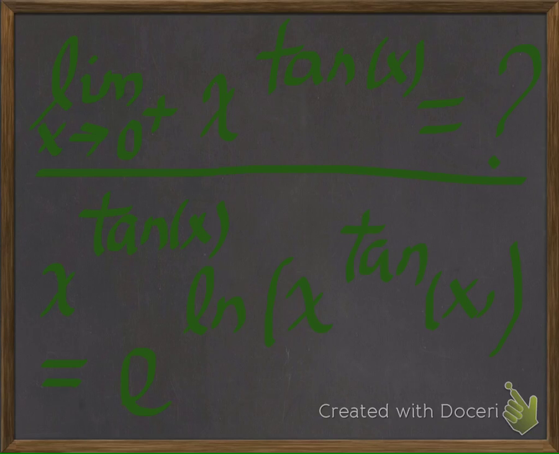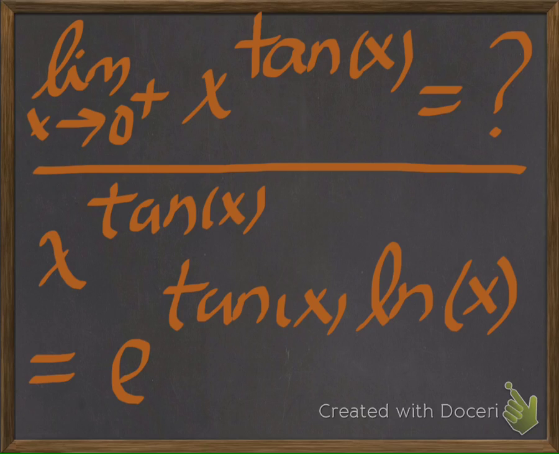Eventually, x power tangent x can be rewritten in the form e power tangent x multiplied by ln x. Can you follow?